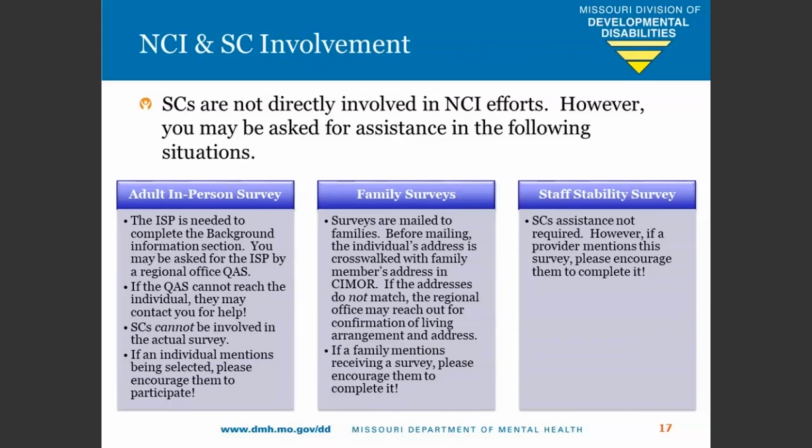I do that to make sure that the addresses match up, to make sure the individual does live with family.